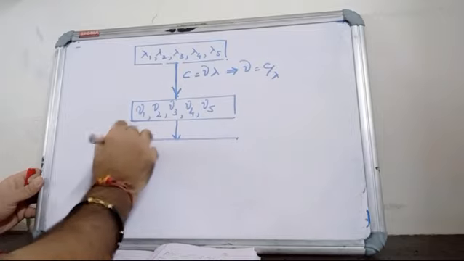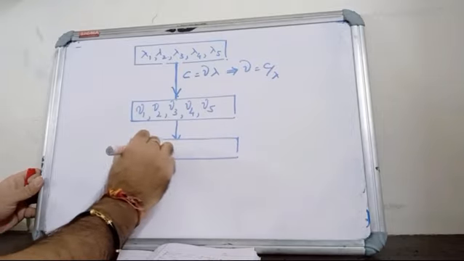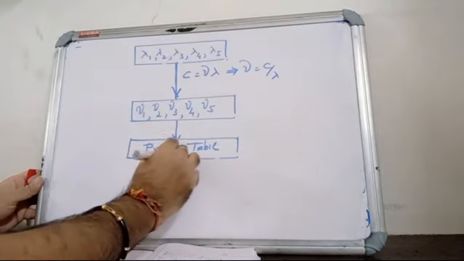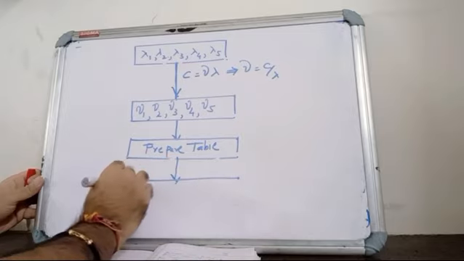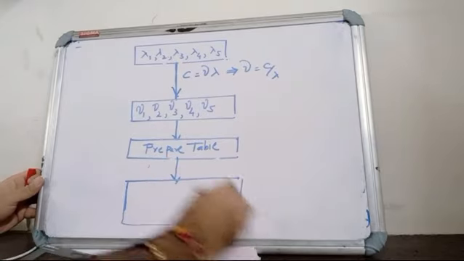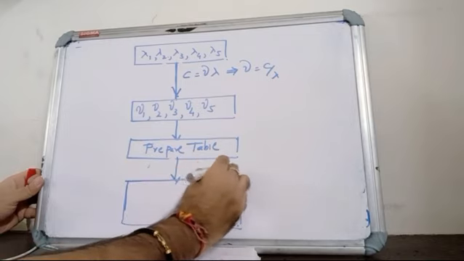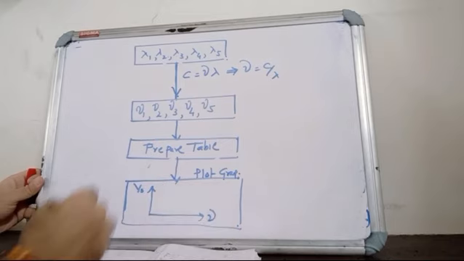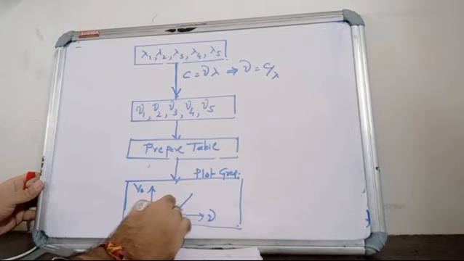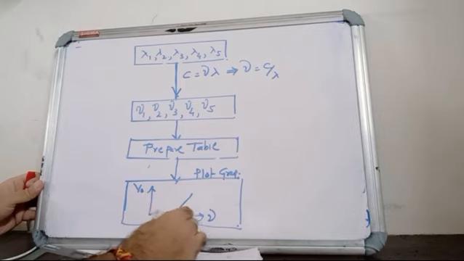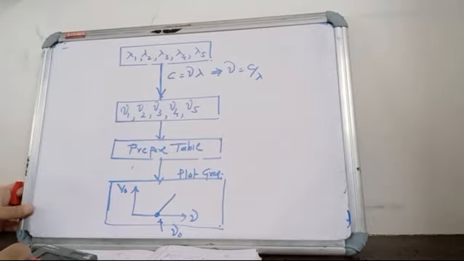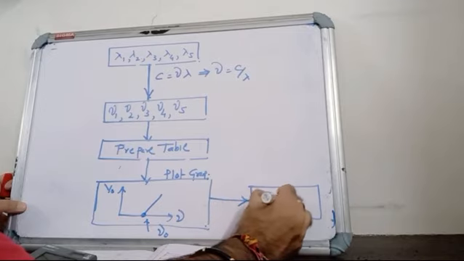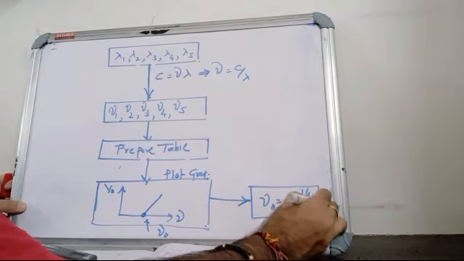Then prepare a table, right? Then step 4, plot a graph of stopping potential versus frequency. You will get a graph like this, and this will give you nu 0, that is the threshold frequency, right? Then our first answer would be nu 0 is 5 into 10 raised to 14 hertz.